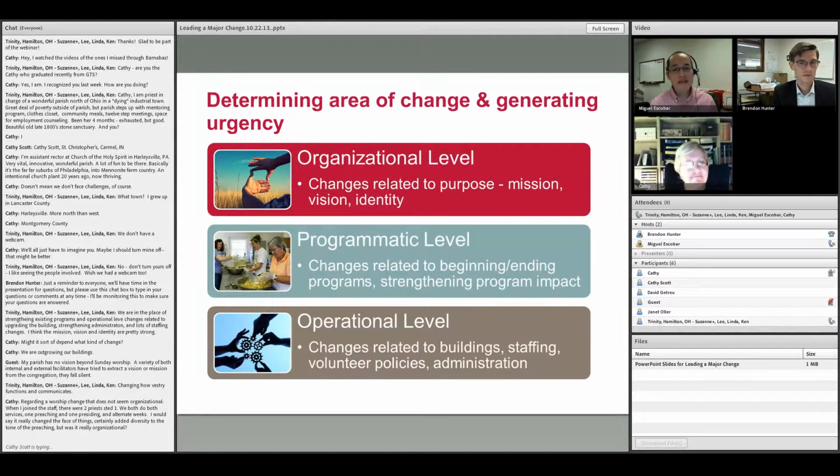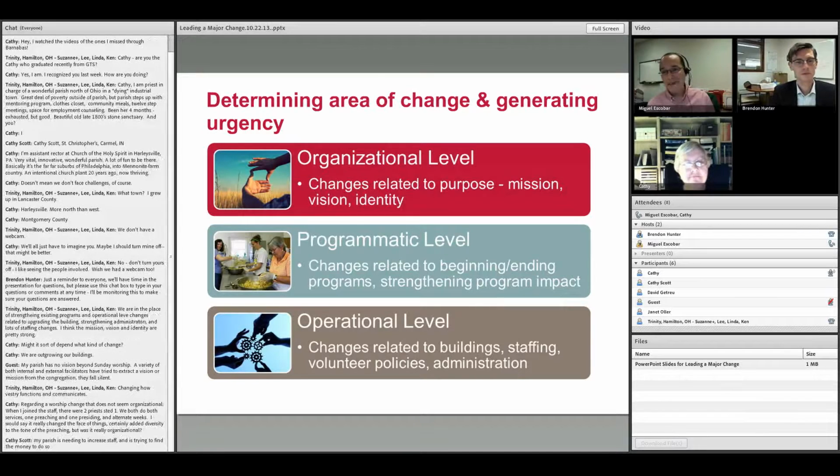Just a final note on this piece, which is we may all have a list of five or six things, or more, of major changes that we would like to see happen in our congregation. What I want to just note is the wisdom of some change experts like William Bridges, who note that collaborative networks, collaborative systems like a church really can bear only one major change or two major changes at most at a time.